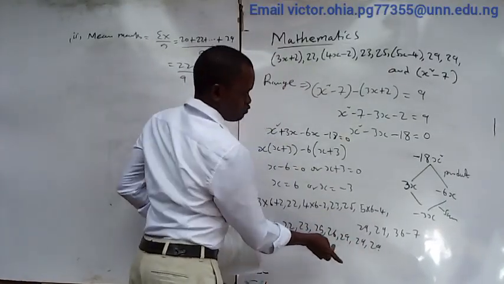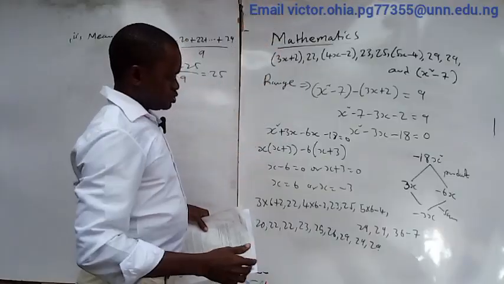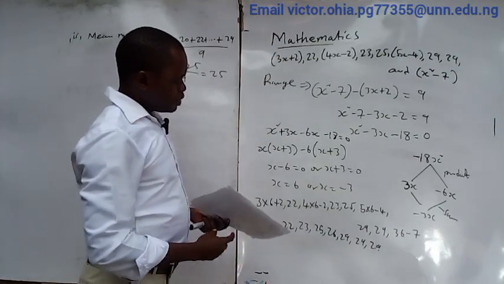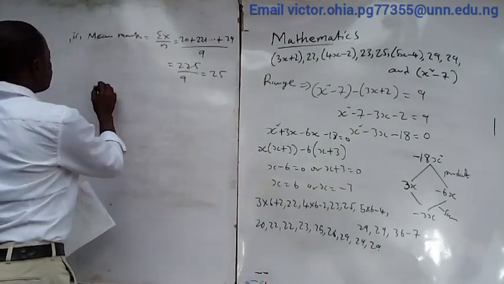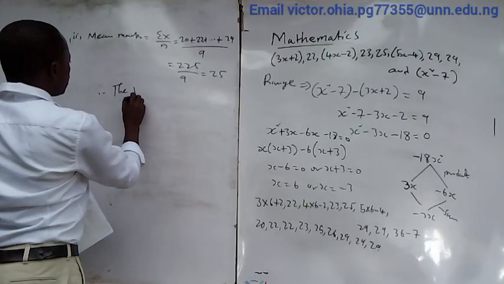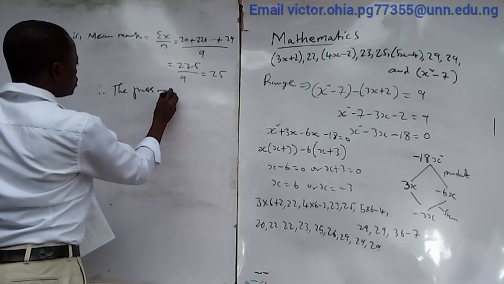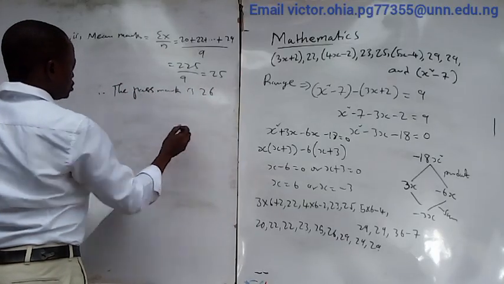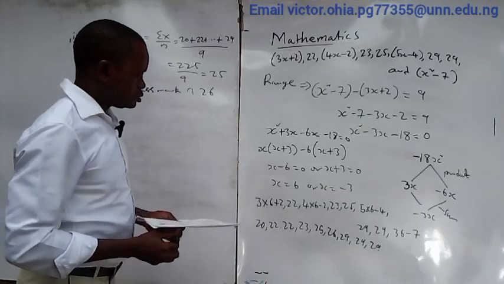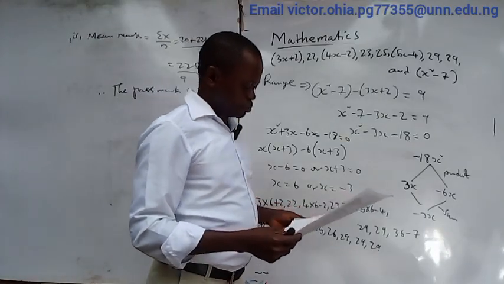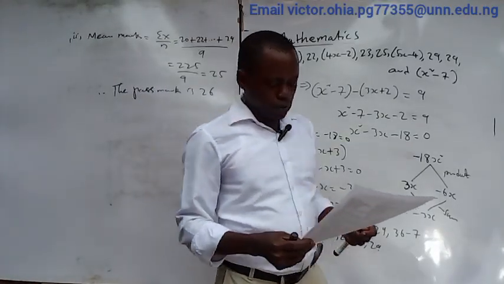These first 4 passed, they are the topmost. So the pass mark is 26. Therefore, the pass mark is 26. Anybody who got 26 in that interview passed the interview.